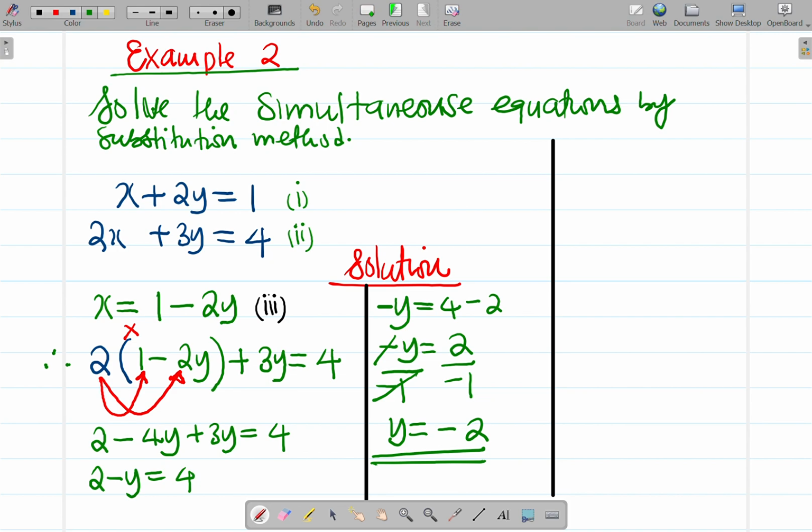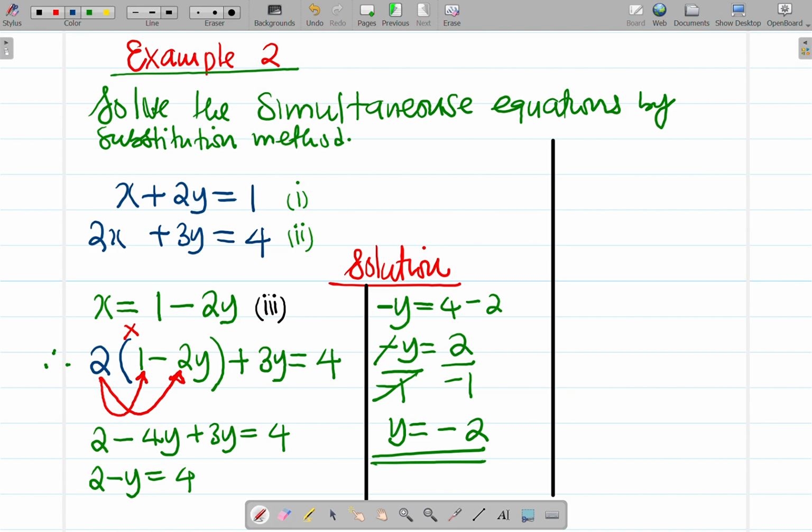Now remember, I have already made x the subject, so it is easy for me to find the value for x. My x as the subject is here, so I'll use that equation there to solve for x. Take note of that equation. So I'll use that equation for me to find my value for x.